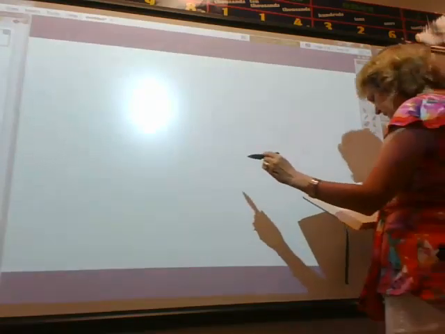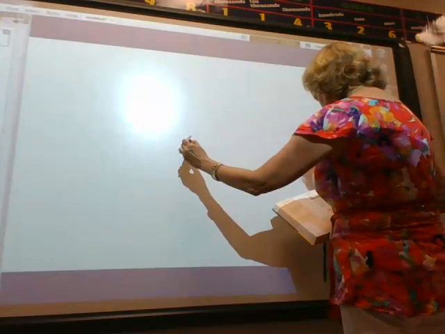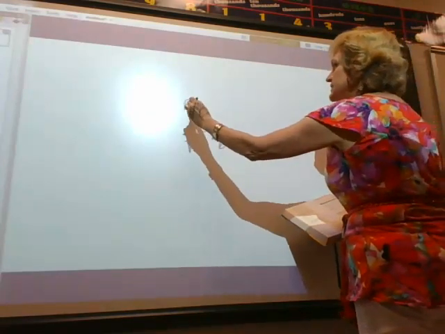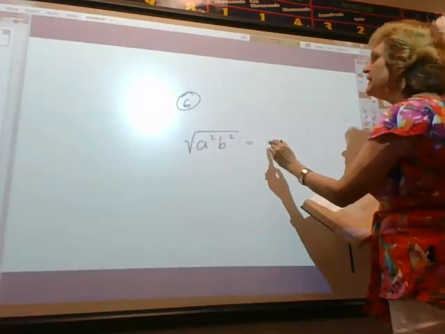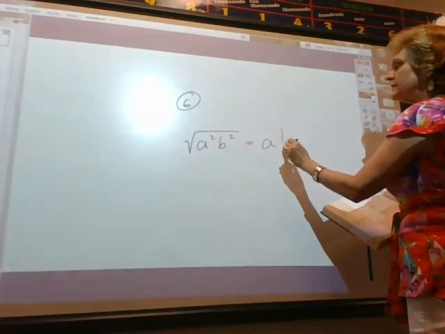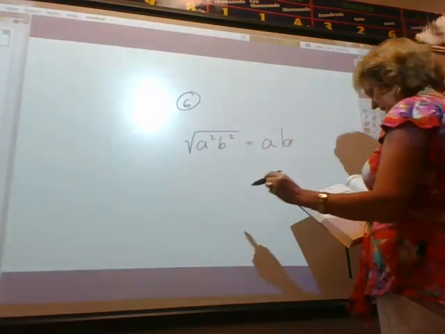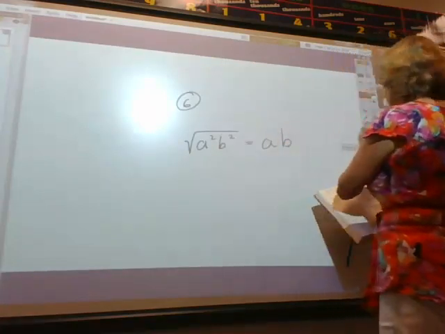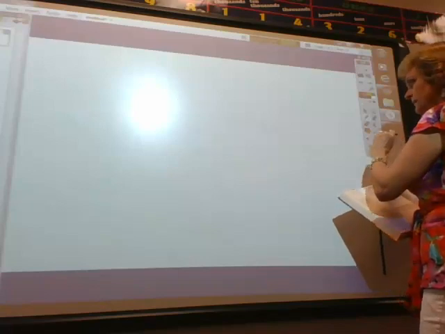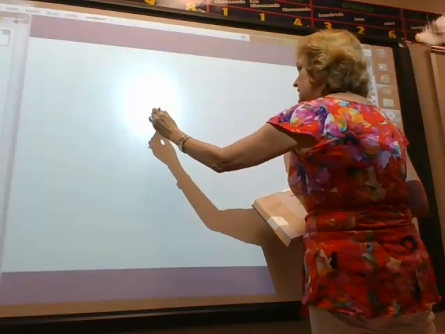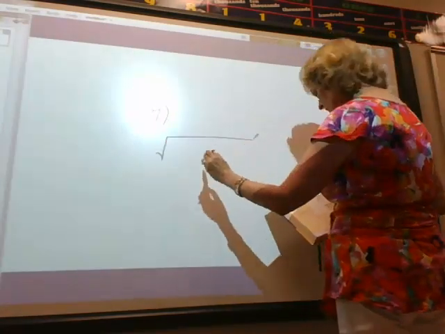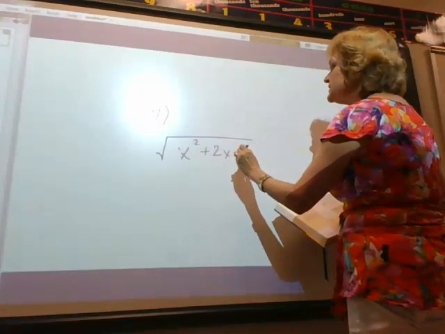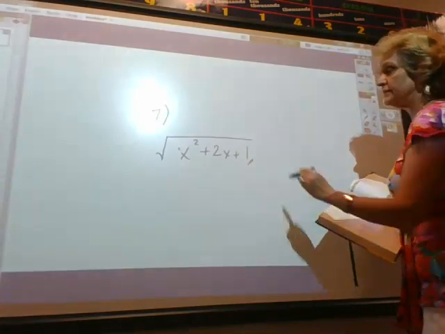Okay, example 6, square root of a squared b squared. Right, this is example 6, or try this 6, sorry. So a comes out, b comes out. All right, and we have example 7, or try this 7. Now here, you guys, we have a trinomial. Now it is a trinomial square.